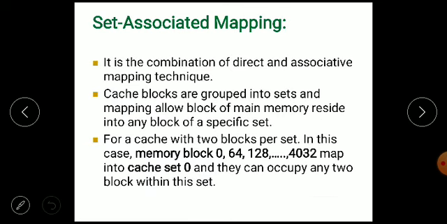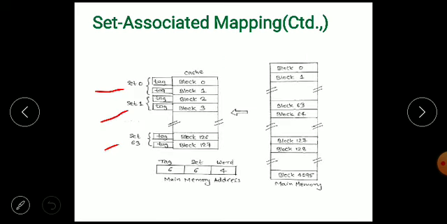Now let us explain what set associative mapping is. In direct mapping, I told you that the entire main memory is divided into 32 pages. But in set associative mapping, the entire main memory is divided into 64 pages, and each page will contain 64 blocks.